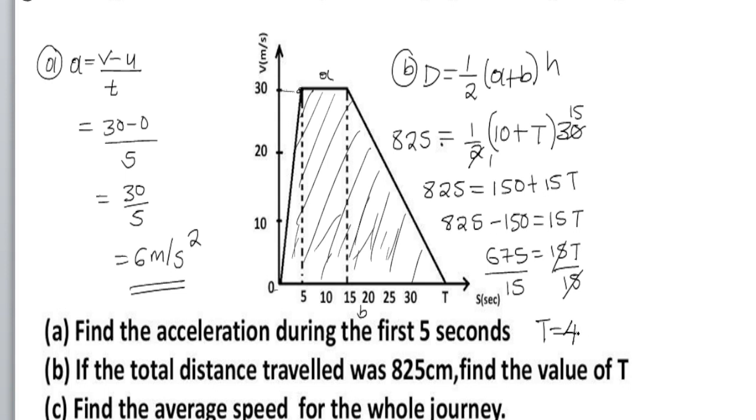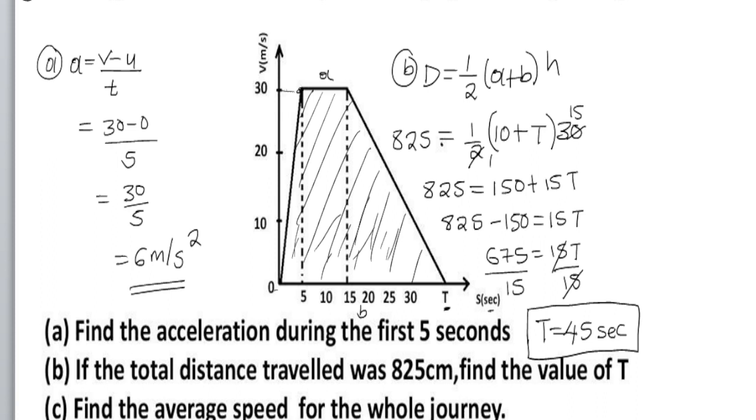So the value of t is 45 seconds. Since t is time, I want you to take note, the units are also very important. So t is time here, and the time is measured in seconds. So that is the value of t.